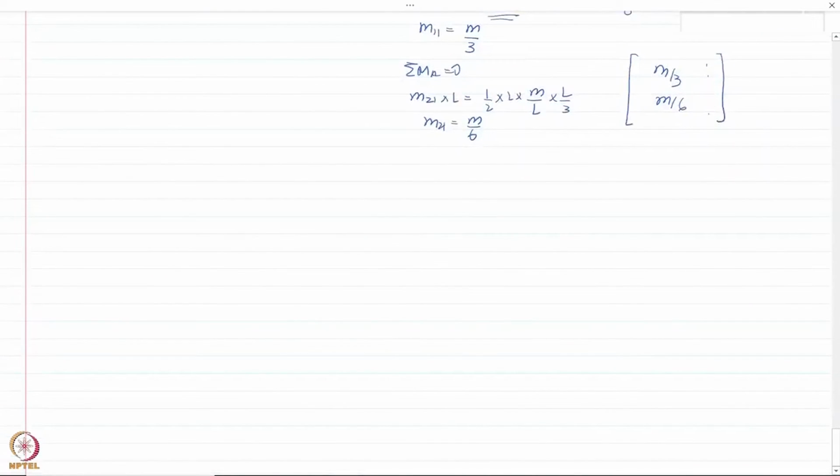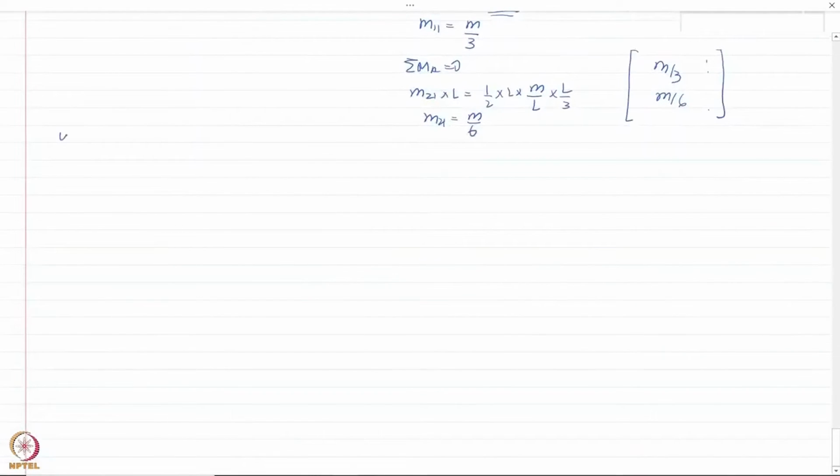Okay, so we are going to follow the same procedure and we are going to apply u1 equal to 0 and in this case u2 equal to 1. So now basically consider inertial forces would be acting opposite to the direction of acceleration, and I need to apply force at degree of freedom 1 due to unit displacement at degree of freedom 2, force at degree of freedom 2 due to unit displacement at degree of freedom 2.